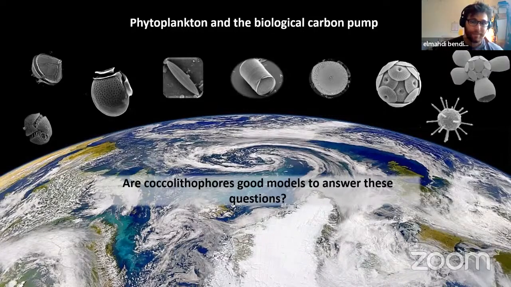So there are some dinoflagellates that have left some imprint. Diatoms have left some imprint as well. And coccolithophores are perhaps the ones that have left the best and the most well-preserved fossil record. In that sense, is this aspect making them good models to answer a question about speciation?